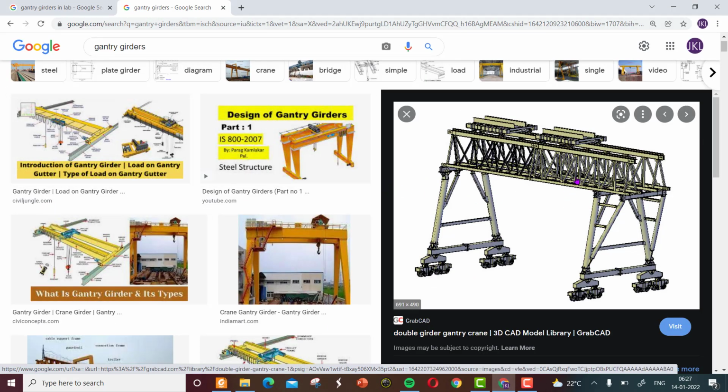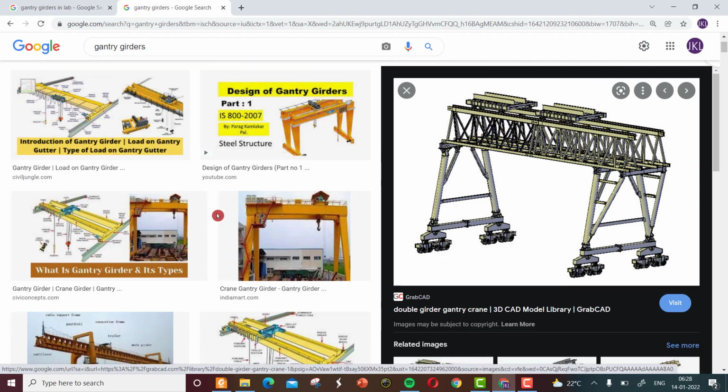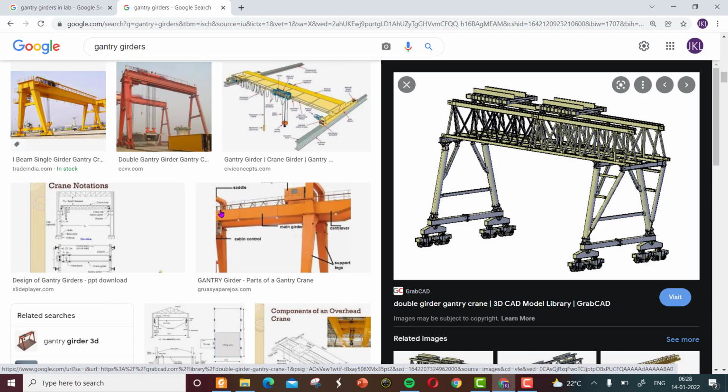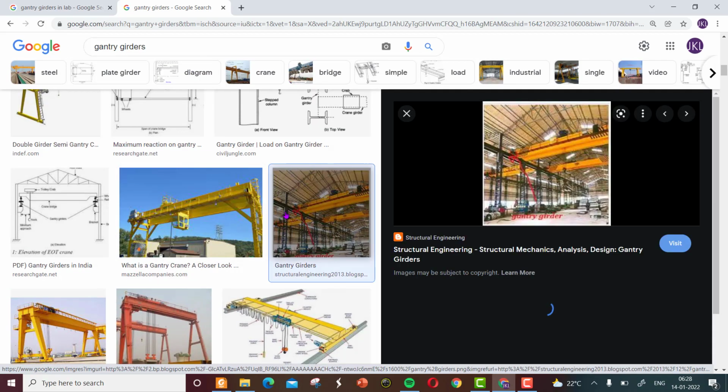The right figure shows a truss crane, which means the long beam can be made from a truss also. And I'll show you a real picture of a gantry girder.